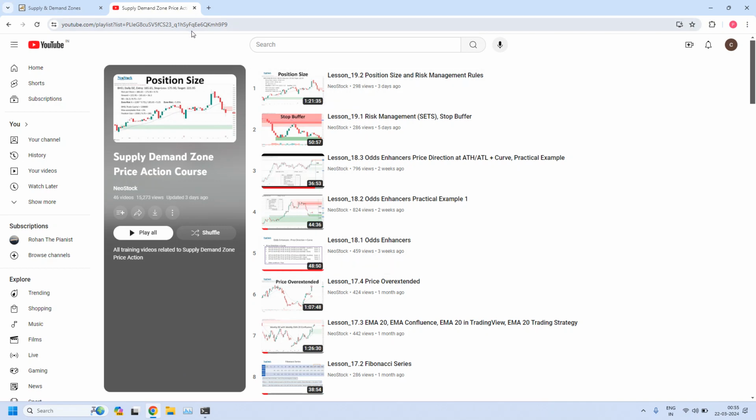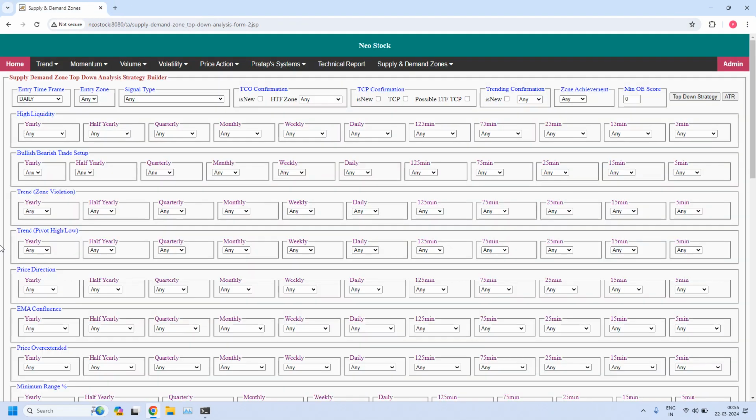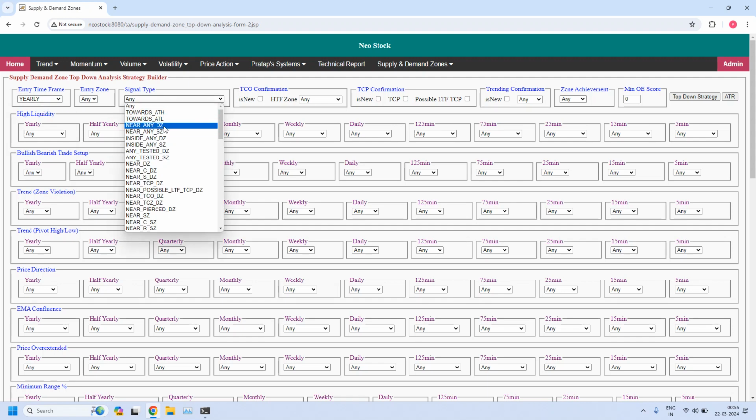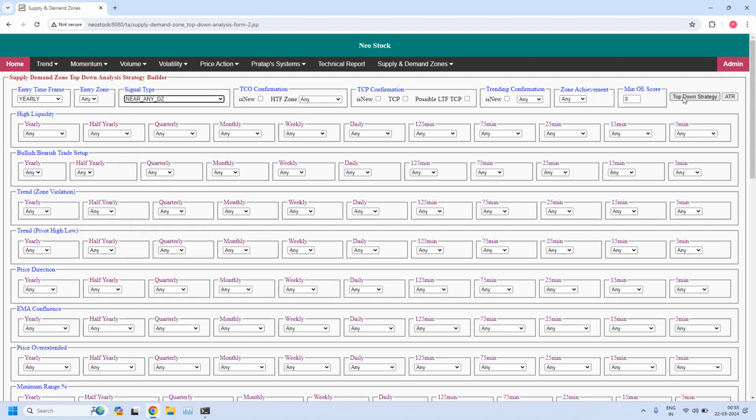Now let's get into report generation for finding the stocks near demand and supply zones. And let us start the reports from the yearly time frame. Actually, the last few days we are not finding any stocks for yearly and half yearly, but we will verify if anything is available. For yearly time frame, let us find the stocks near yearly demand zone.